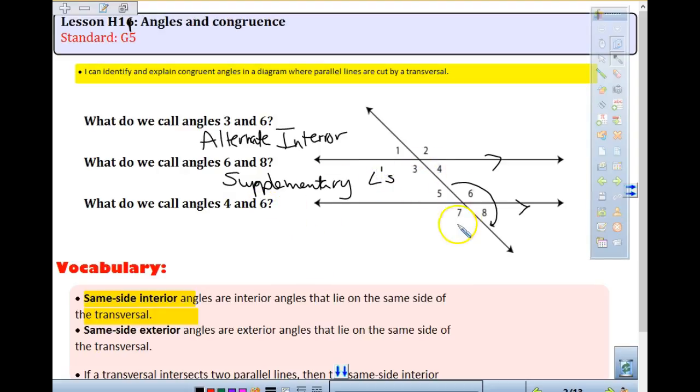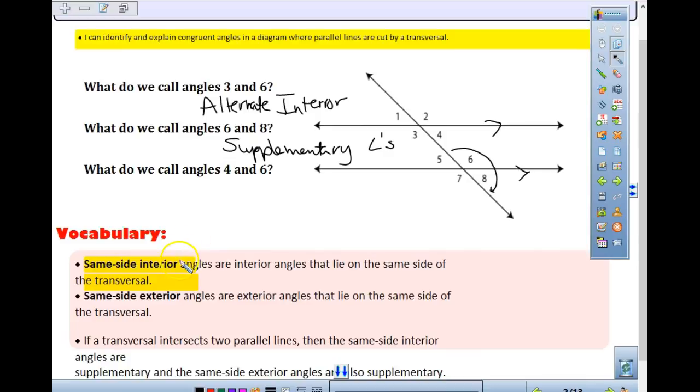4 and 6. We don't really have a name for those yet, right? I want you to look down here and put an arrow right here to that word, same side interior. Now we don't use this one a lot, but same side interior angles.